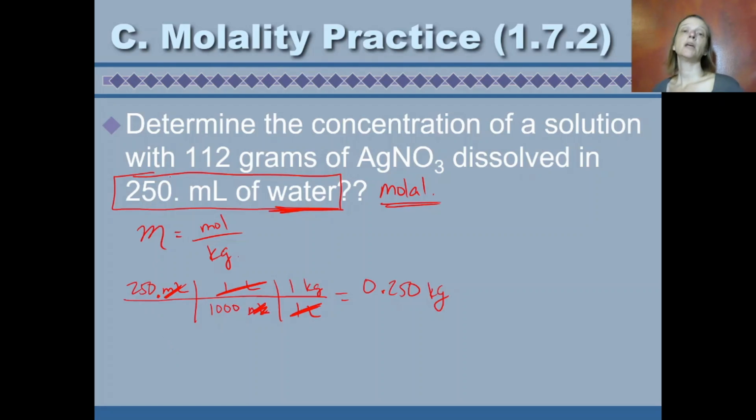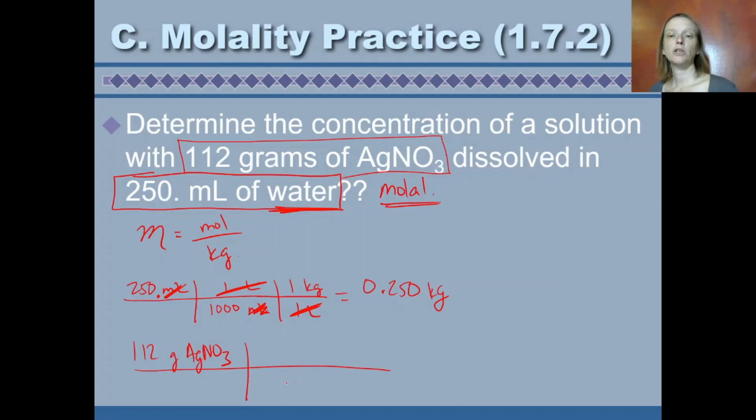We also need to determine how many moles we have. We're told that we have 112 grams of AgNO3. I want to know how many grams there are in 1 mole of AgNO3.